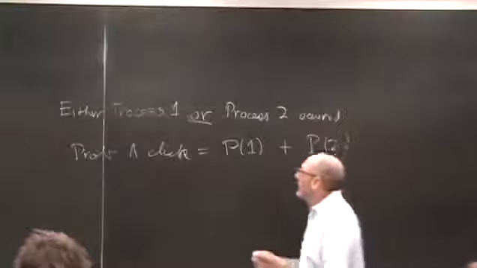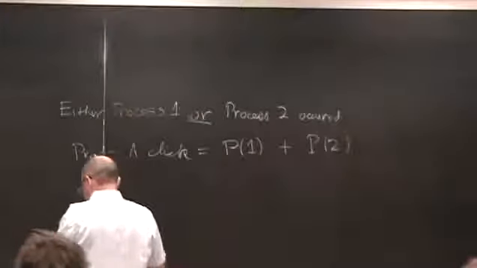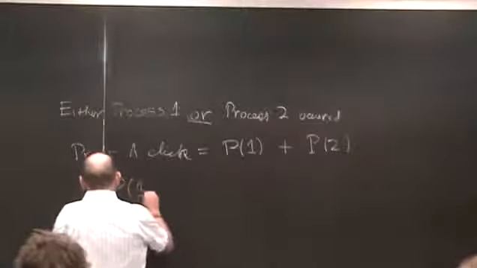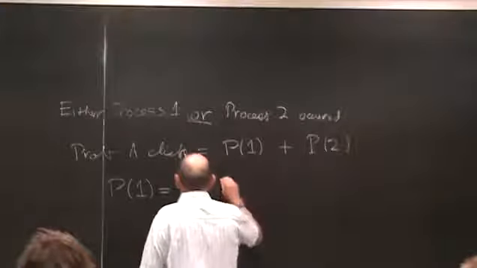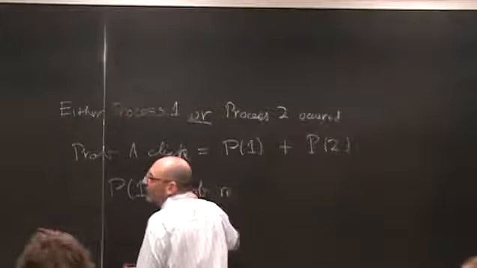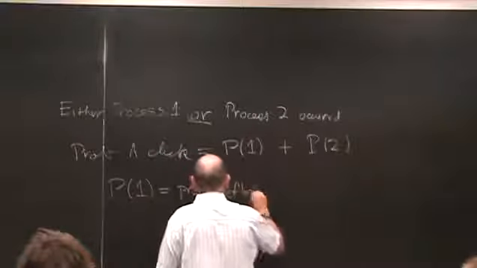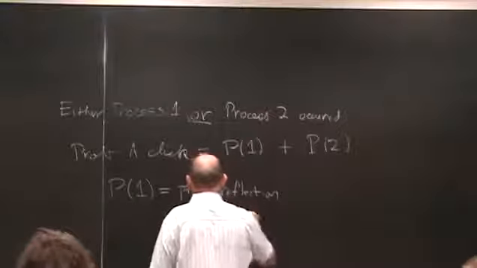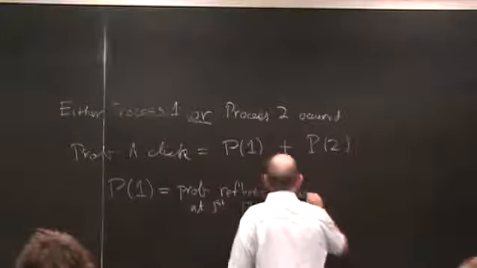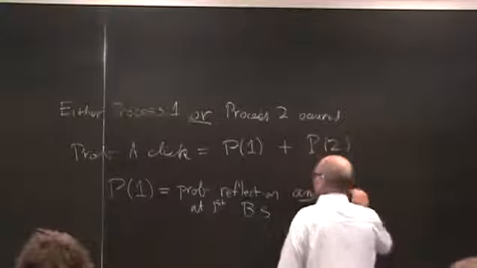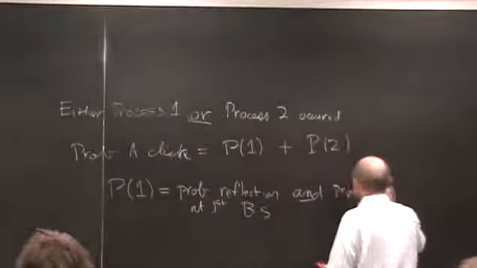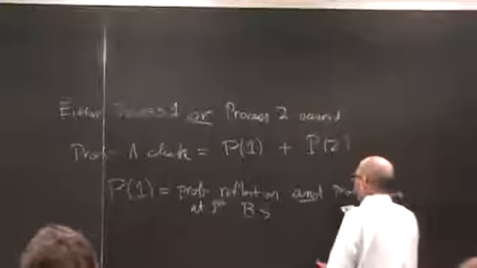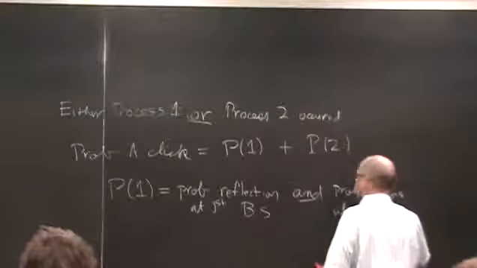Okay. Now the probability of process 1 happening, well, there are two things that have to happen. This is equal to the probability of reflection at the first beam splitter and probability of transmission at the second beam splitter.